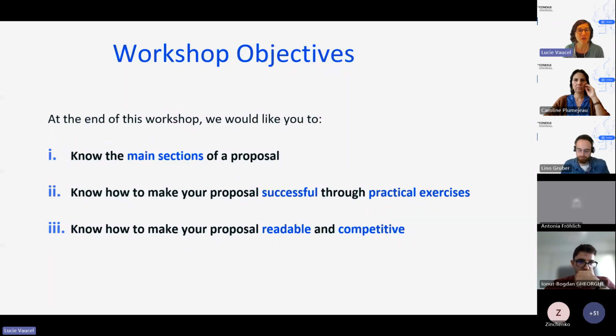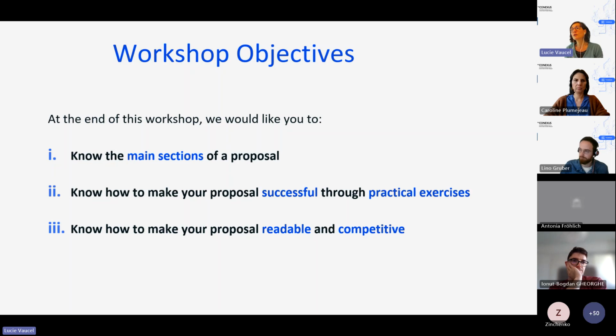This means that many other funding agencies base their evaluation criteria and the way they structure their proposal templates on the example of Horizon Europe, and it's very similar, so it will be useful for you anyway.